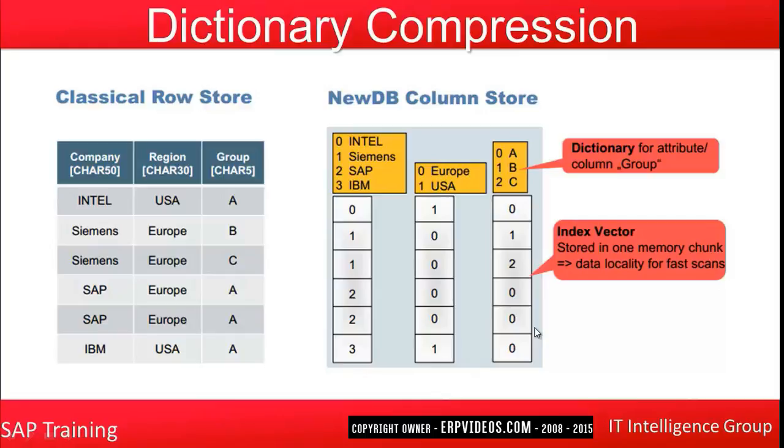As you can see, these values are getting repeated, so the dictionary for the attribute column can be grouped. These are the index vectors stored in one memory chunk.